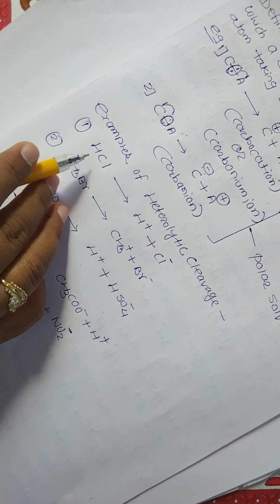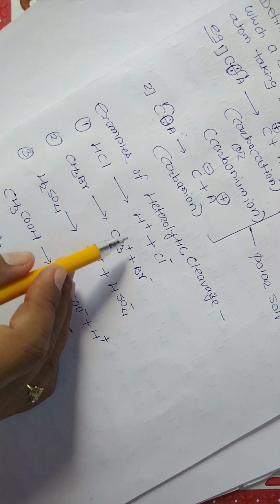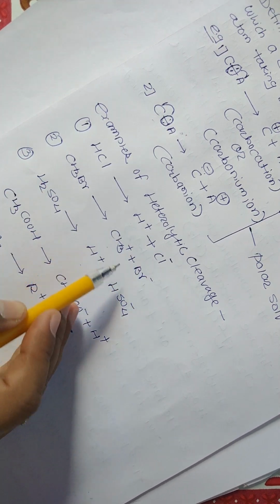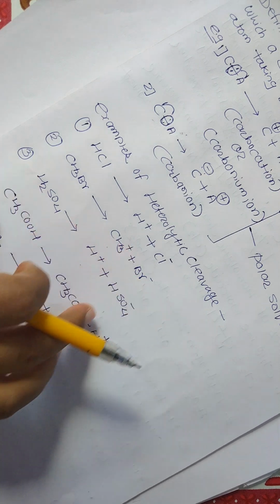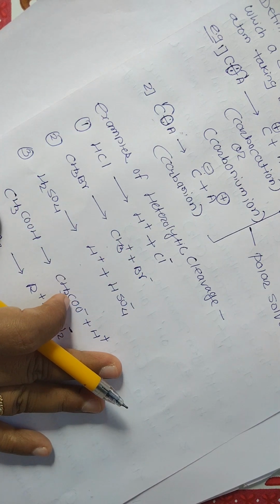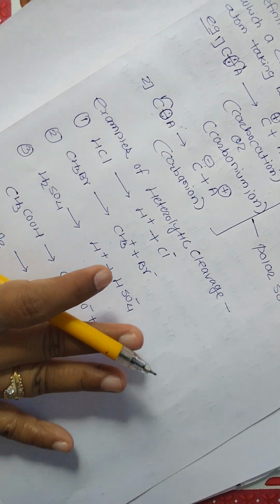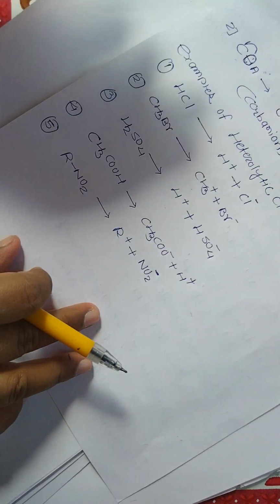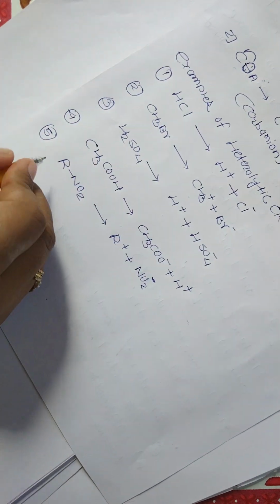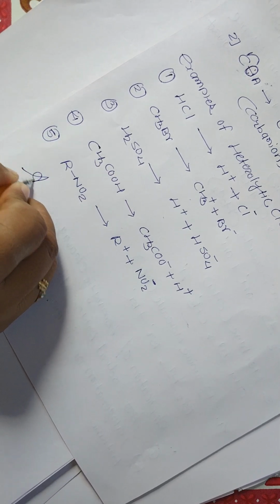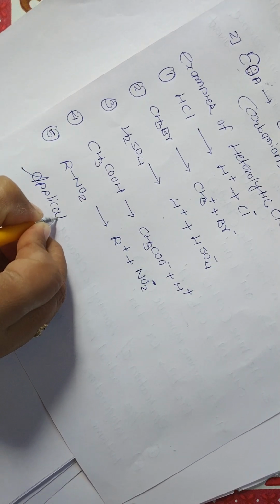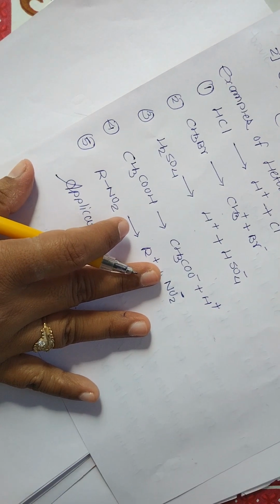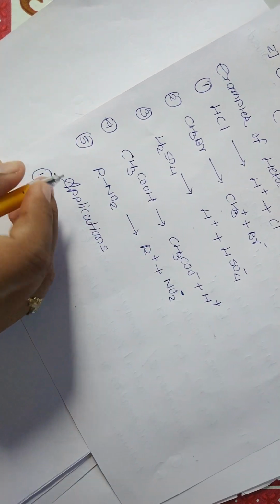So in each example we have seen we are getting two ions, that is H plus, Cl minus, CH3 plus, Br minus, okay. Similarly we have seen other examples. So we are going to see the applications of heterolytic cleavage. What is the first application?